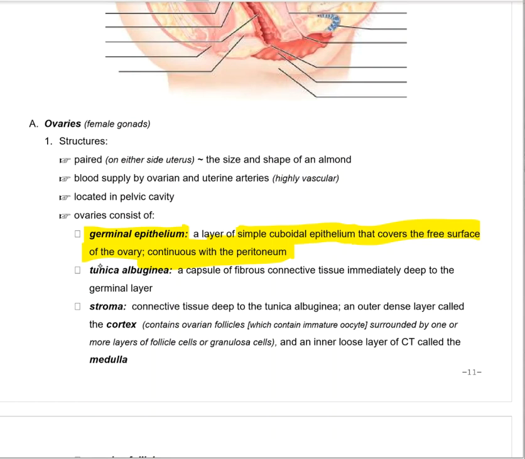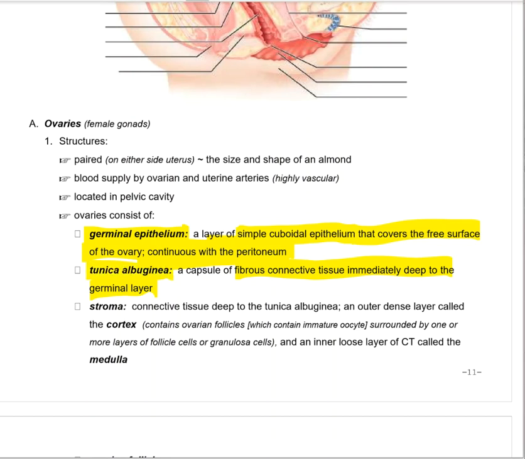And then the tunica albuginea, which is fibrous connective tissue deep to it. Because it's fibrous connective tissue, it's keeping things out of the ovary itself, so infections don't come in from the peritoneal cavity.